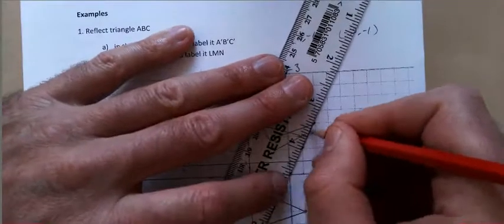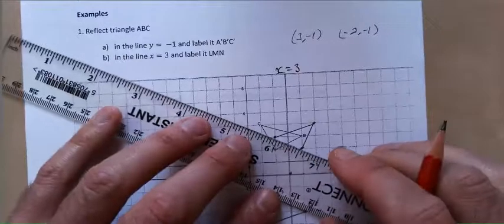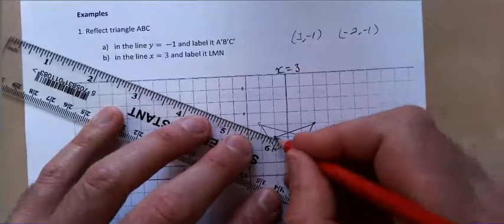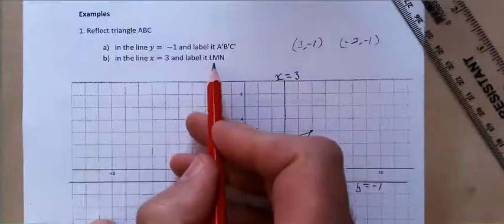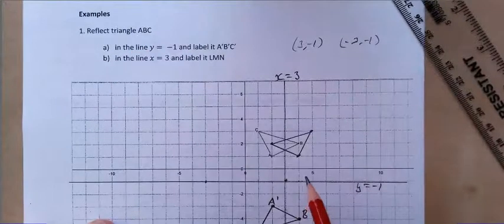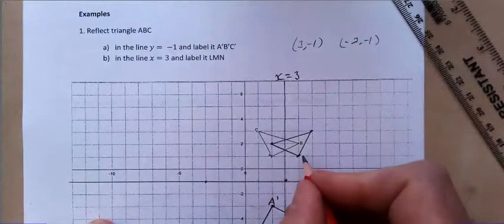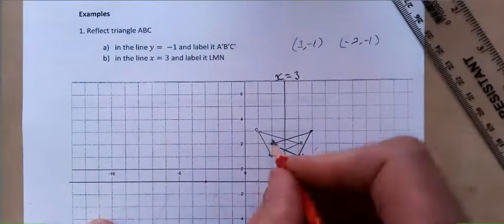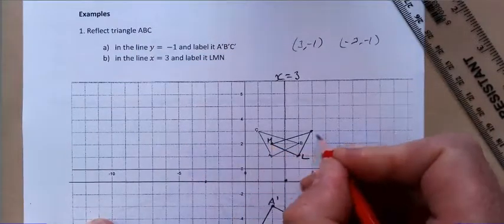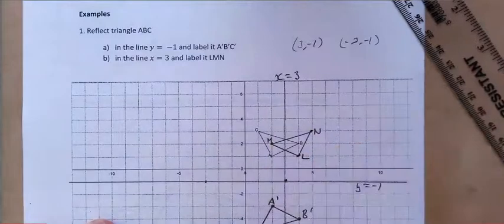So we have that, and we have that, and then to label these, A is equivalent to L, so my A was here, so this will be my L. B is the same as M, so that's going to be M, and then my other one is going to be N.